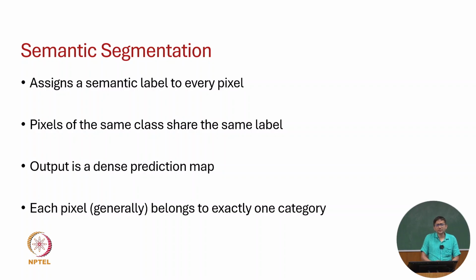There might be cases where you could reformulate the problem in a different way and assign more than one category, but in most cases, the assumption would be that each pixel belongs to one category.